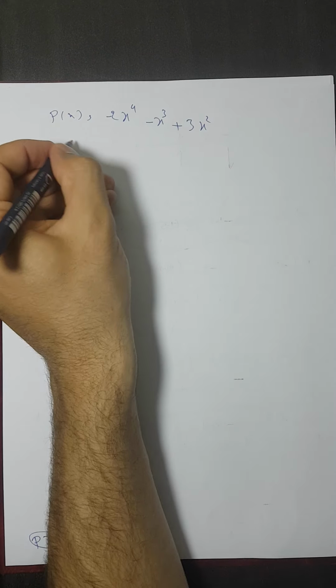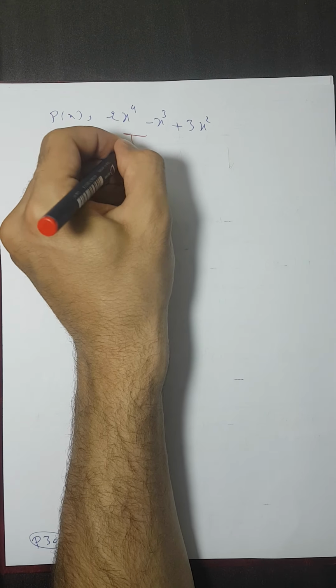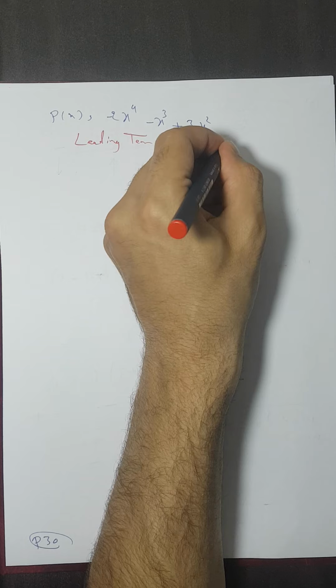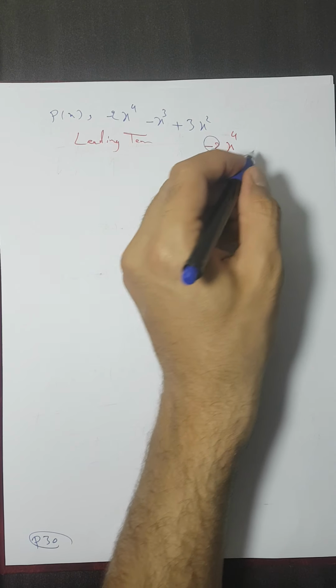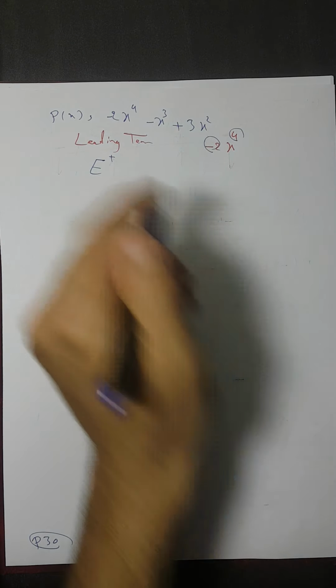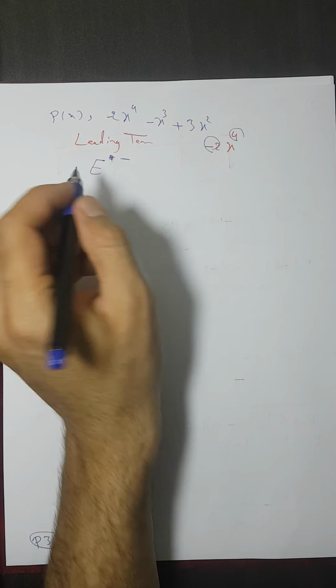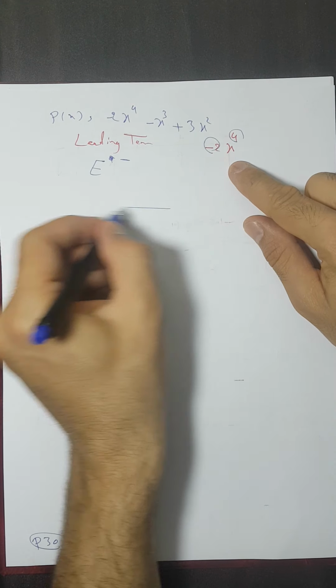The leading term is minus 2x to power 4. So I got what? The leading coefficient is negative, and this one is even. So I'll get even negative, e minus. So e minus is like m.